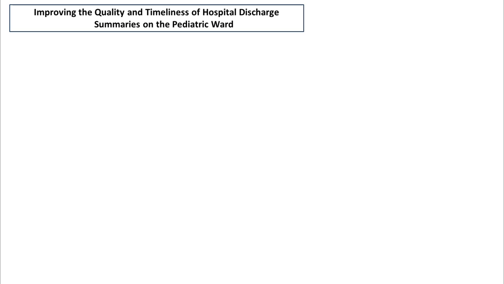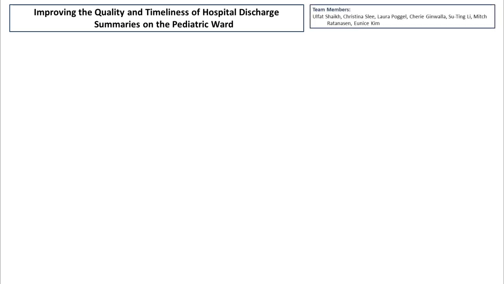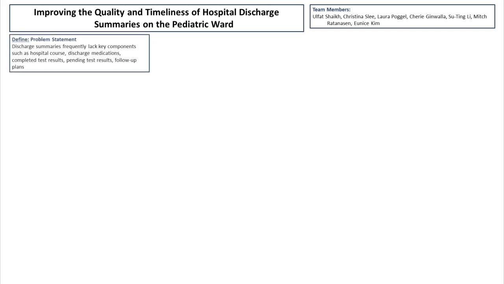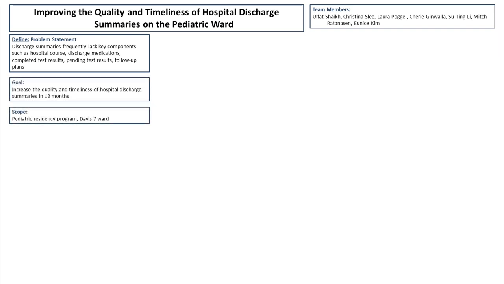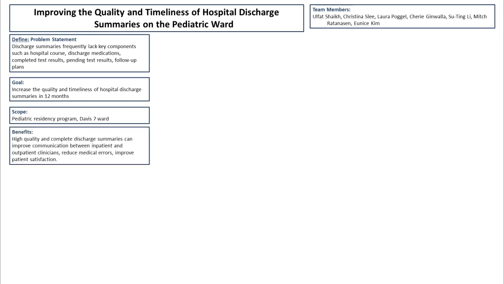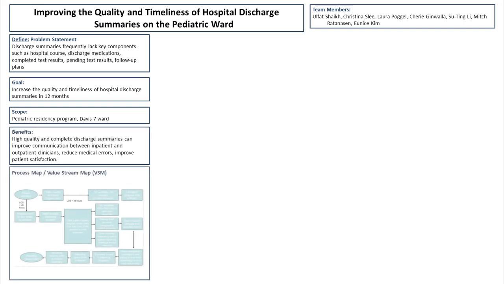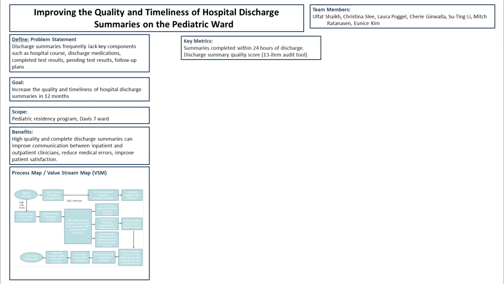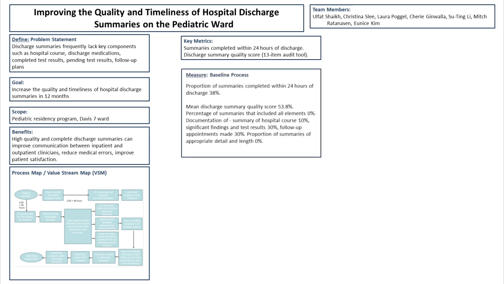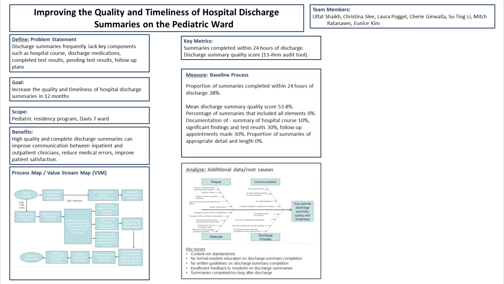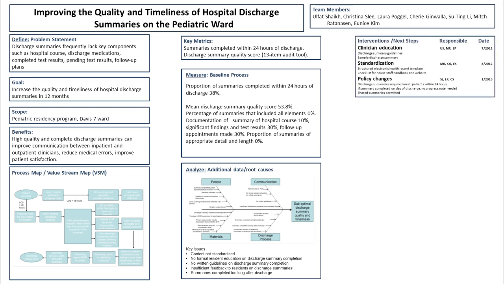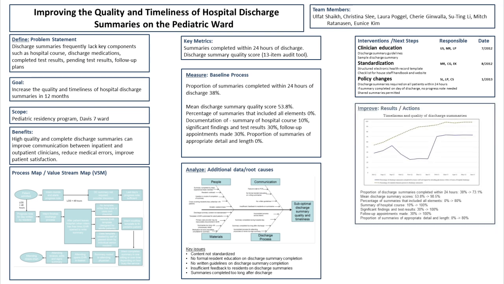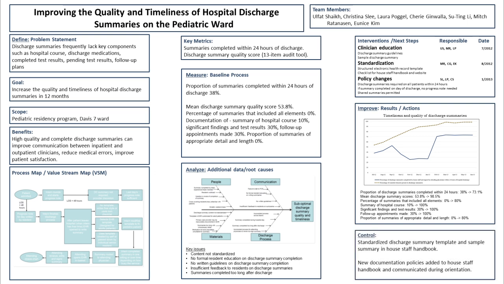The title of our project, our team members, our problem statement, project goal, scope, project benefits, our process map, our 2 key measures, relevant baseline results, additional data and our cause and effect diagram, our interventions, very concisely of course, a run chart and some other data showing our results, and finally, our control plan.